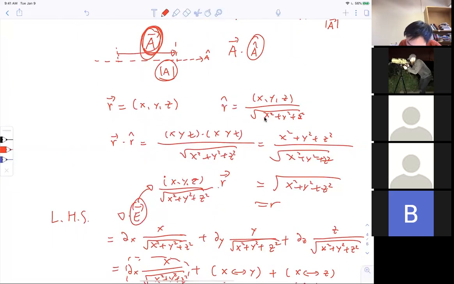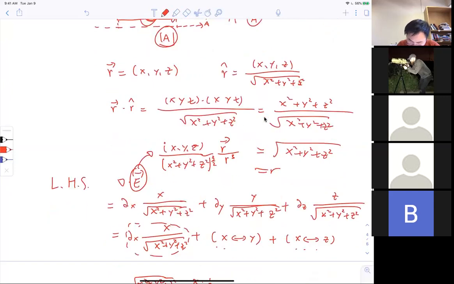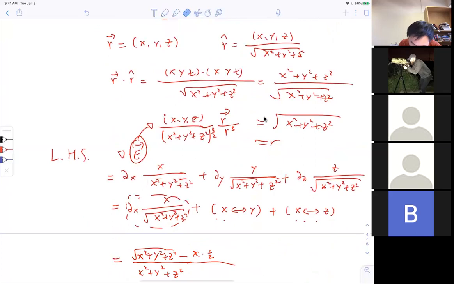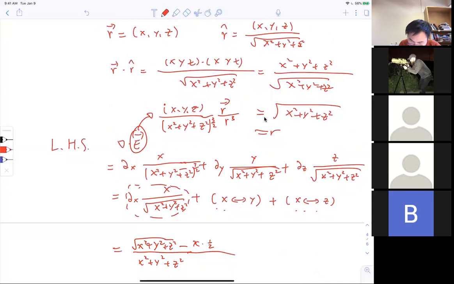The E is r over r cubed, so it should be something like this, but I just need to change the exponent.